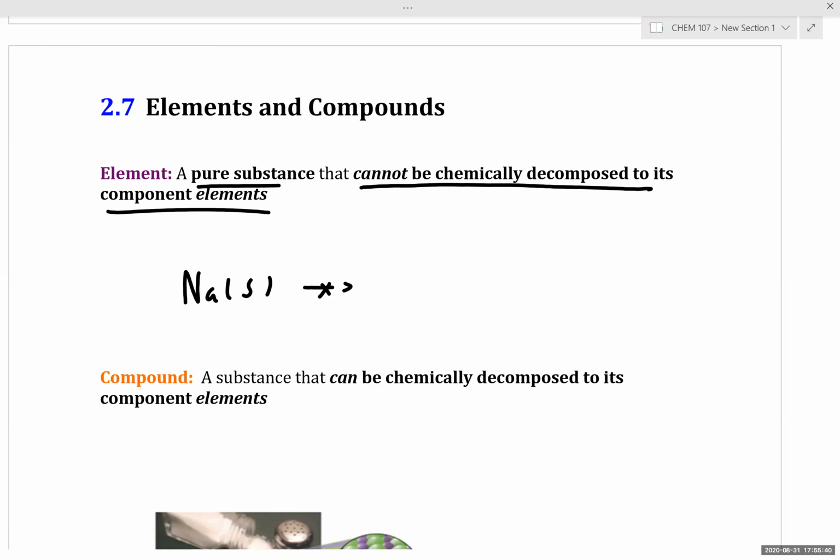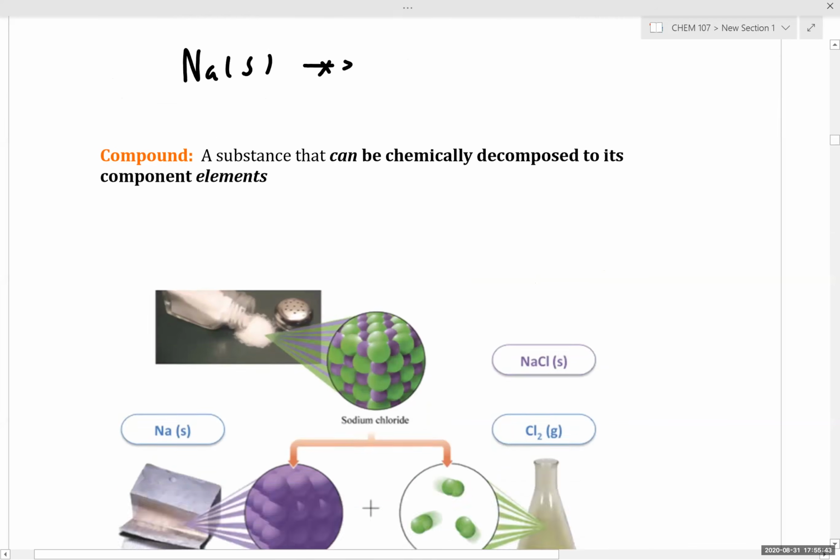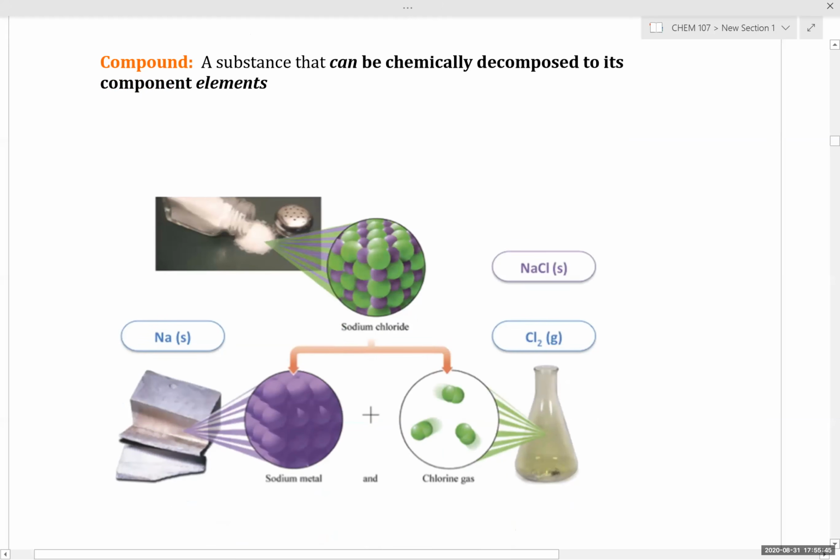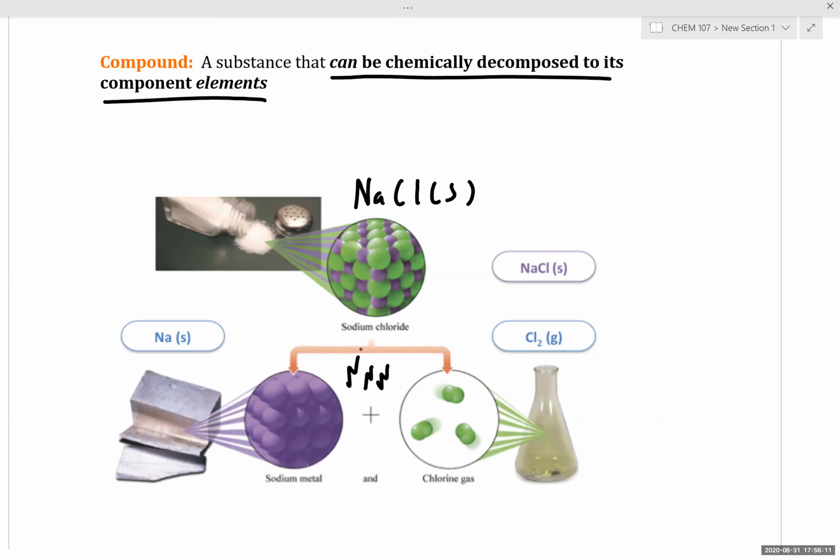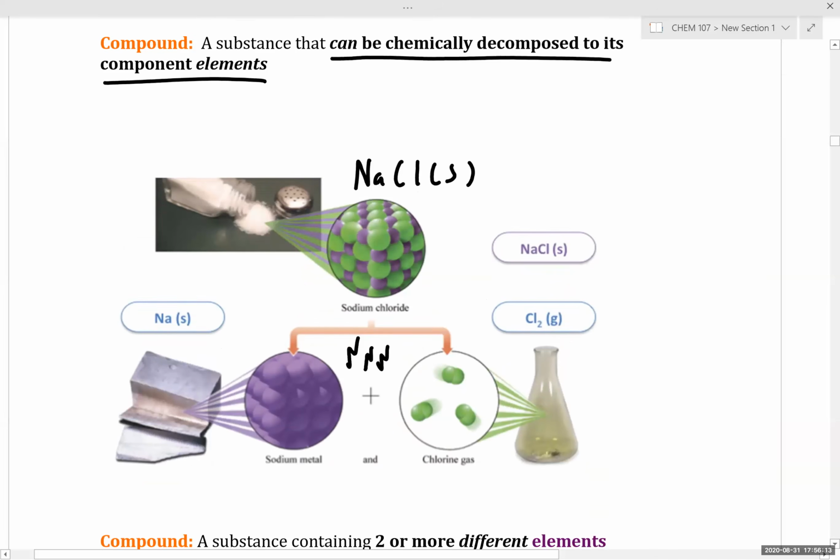However, compounds are empirically defined, or experimentally defined, as a substance that can be decomposed into their component elements. So for example, if you take sodium chloride, which has the formula NaCl, table salt, and you apply an electric current and a lot of heat, you can actually break down sodium chloride into its component elements.